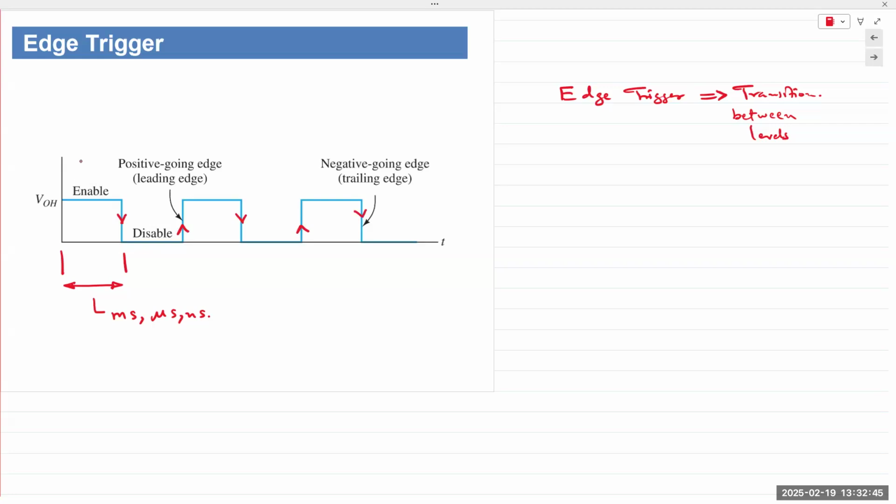If the transition is from a lower level going towards a higher level, meaning from low to high, a positive transition, it is known as a positive edge trigger or a rising edge. Rising edge or positive edge, also known as the leading edge.